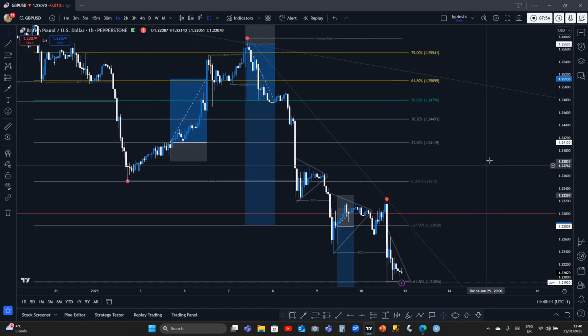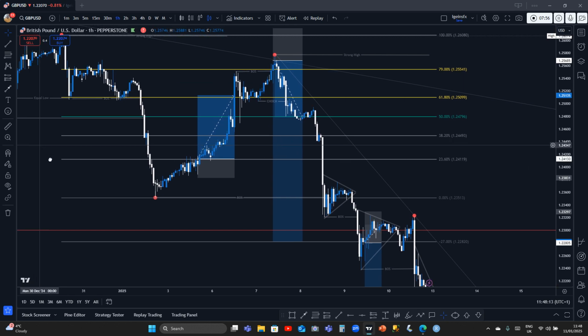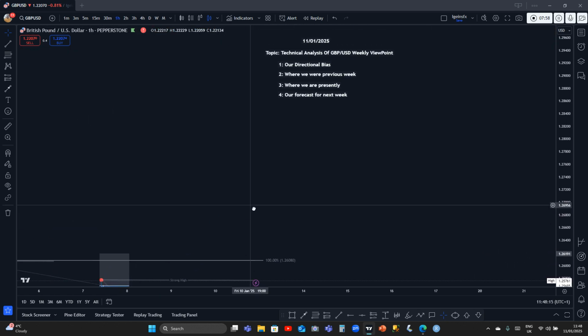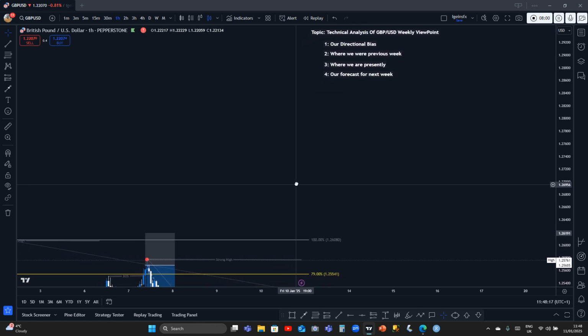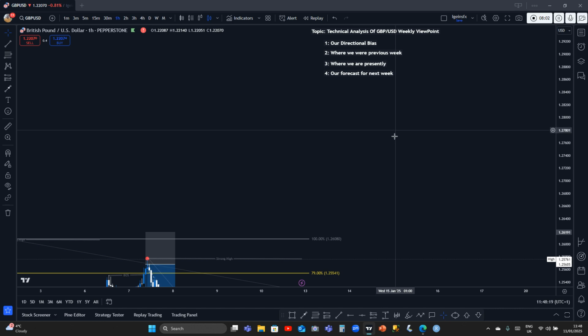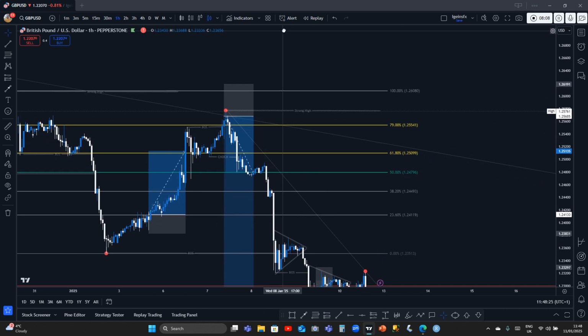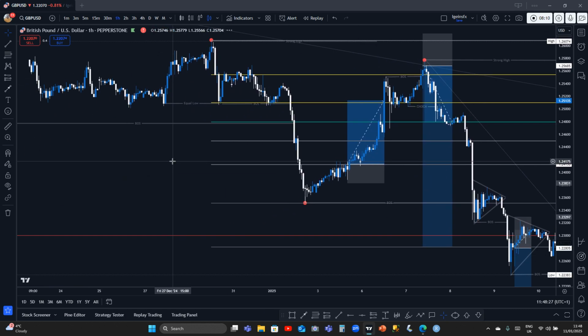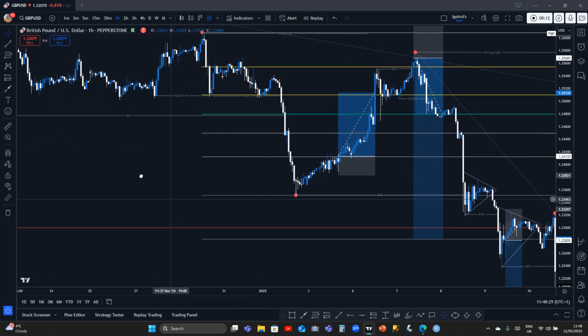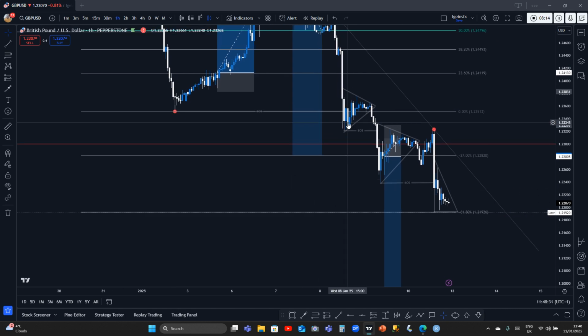At this point, we have established number one, our directional bias. We are bearish. We are still bearish. How did we know? Because price action has been breaking structure to the downside.